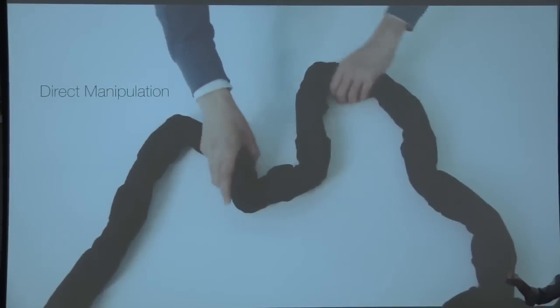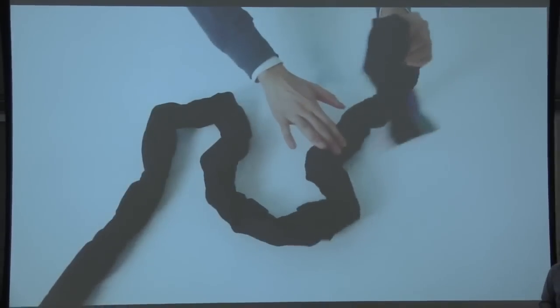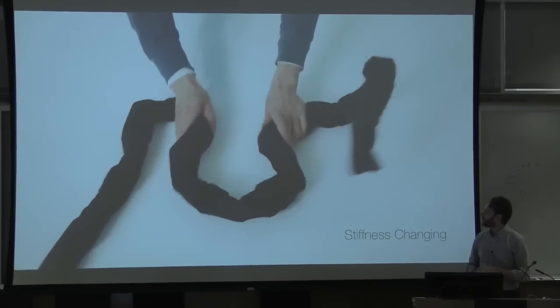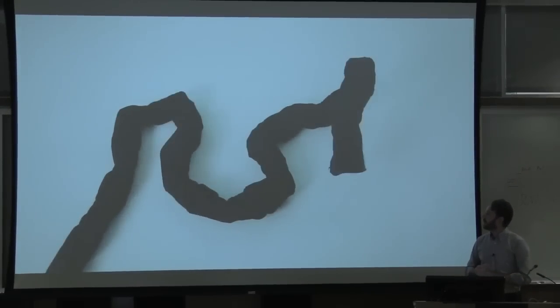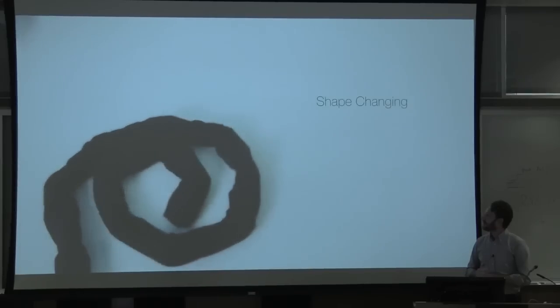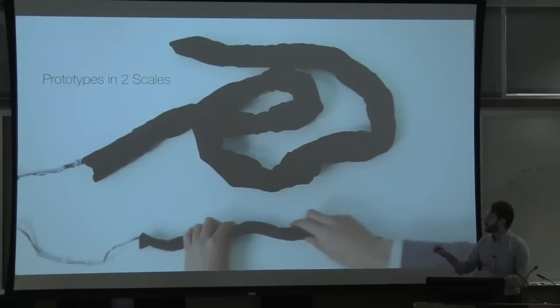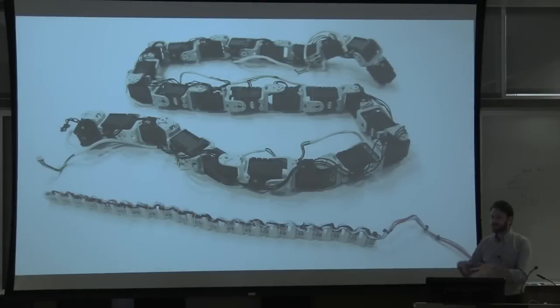One is this larger system that can change stiffness and shape. And then a smaller one, which is just 2D, whereas the other one is 3D, but is higher resolution. These are two different platforms, and it's very inspired by work in robotics on continuum actuators and snake robots. But now we're thinking about how we can use these to display information.